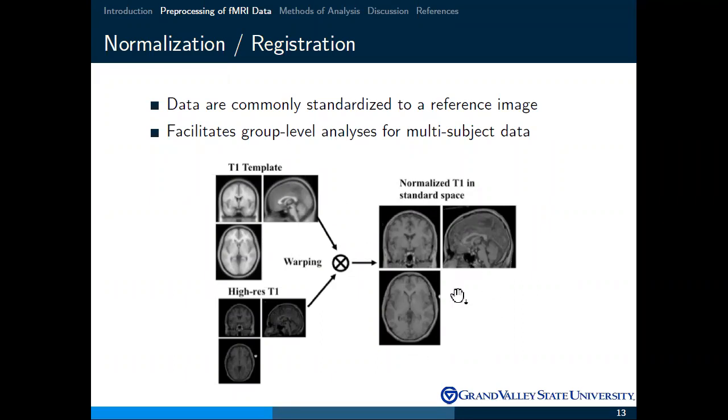So this allows us to compare across subjects, but also if you have repeated measurements on a single participant, say they come in for a session this month and come in again next month, you want to be able to integrate their data together. They might not have been lying exactly the same in the scanner, and slightly different orientations can cause the data to be oriented differently. So again, you need to align them to the same space in order to analyze it.